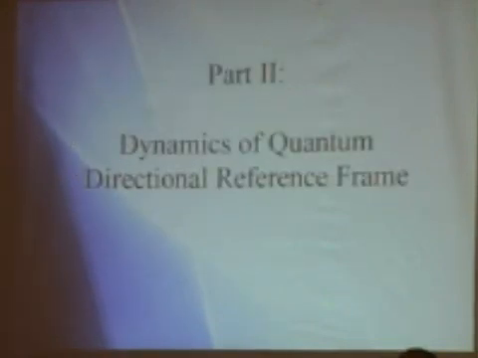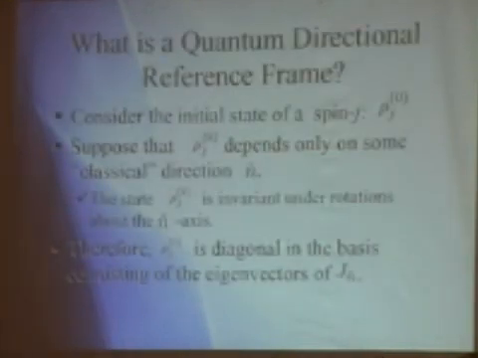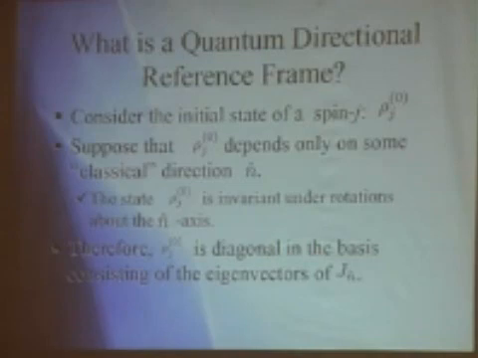Okay, so let's do something more physical. Now we have a polynomial representation for covariant maps with respect to rotation in space. What can we say about the dynamics of a quantum reference frame? First we need to define what I mean by a quantum directional reference frame. So consider the density matrix, the state of a spin j.